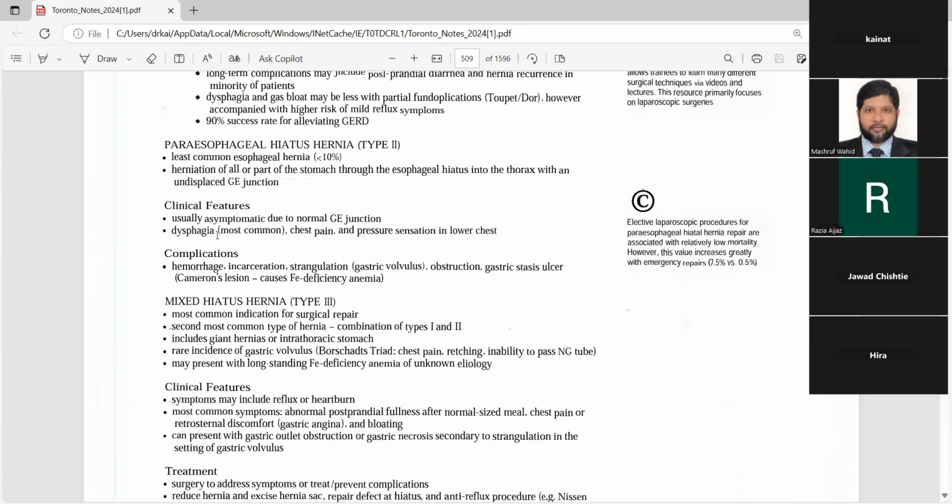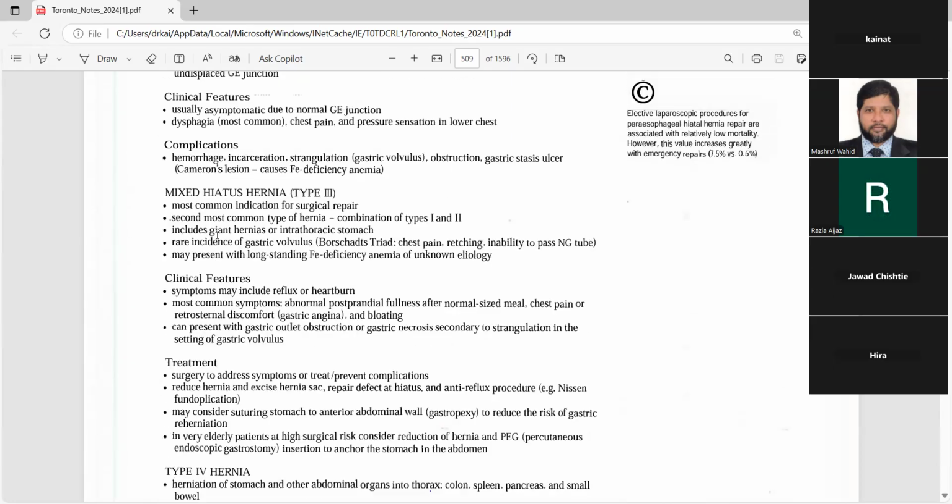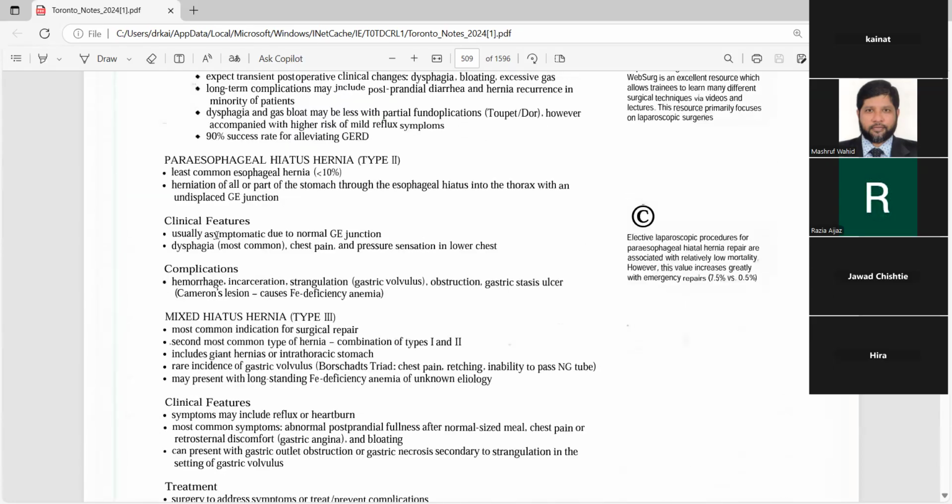So just look into that one. I am not sure, I just don't want to give you the wrong idea. So there is one of these that causes vitamin B12 deficiency here. I think it's this one, iron deficiency, and then one causes vitamin B12 as well. So look into that one. So the mixed type, which causes the Fe deficiency anemia.